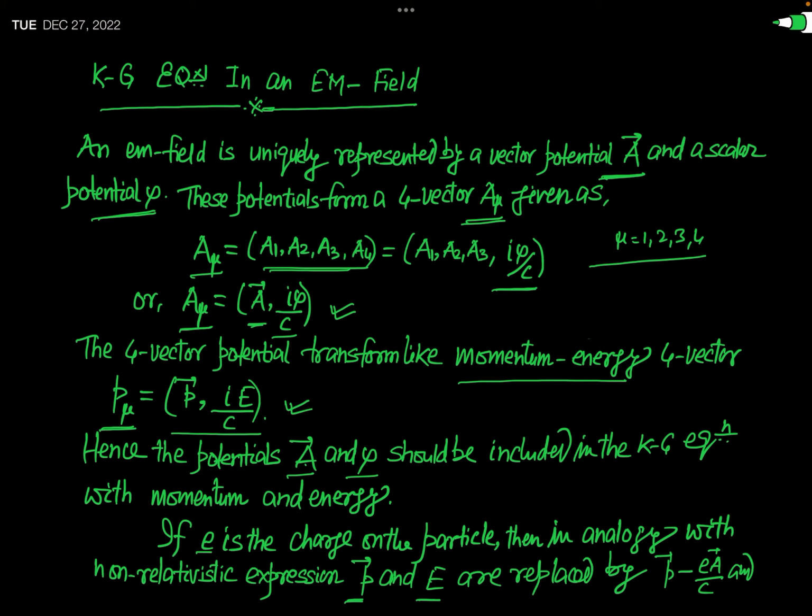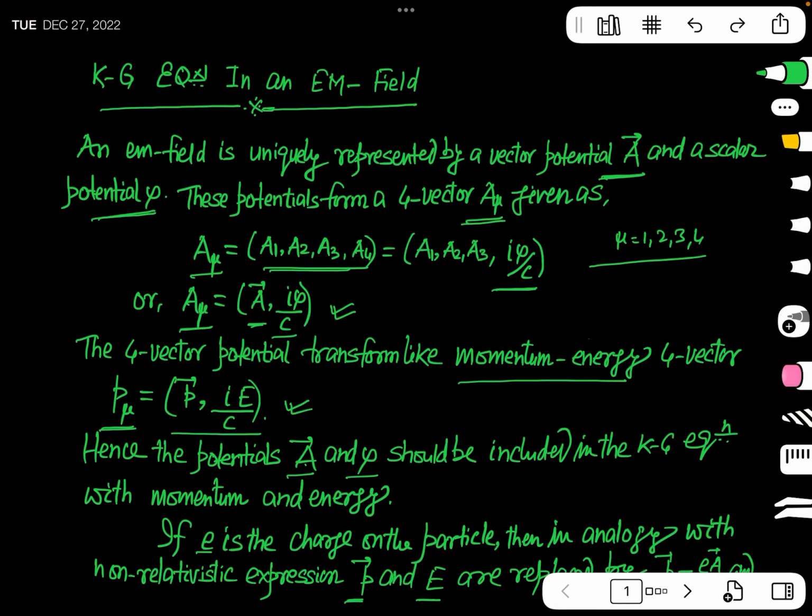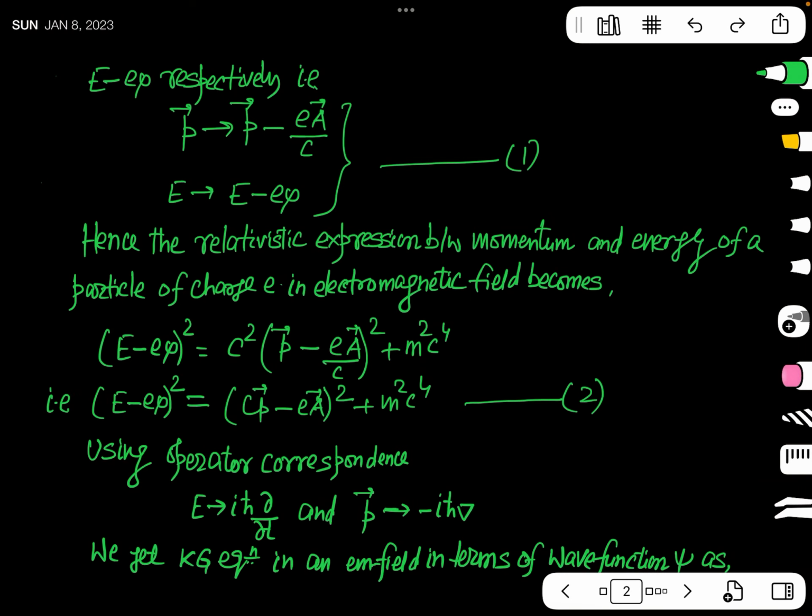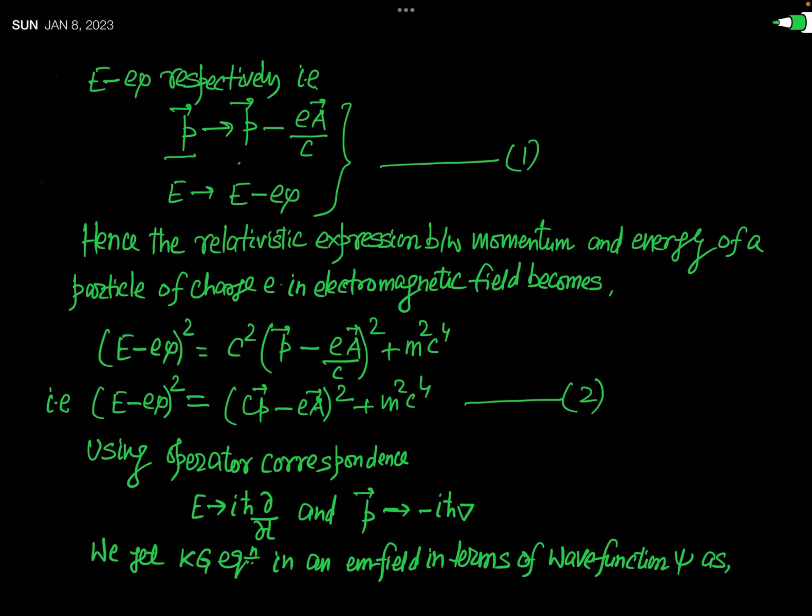So in the presence of an electromagnetic field, you can easily see that this momentum P will now become P minus eA over c, and the energy E will now be equal to E minus e phi.